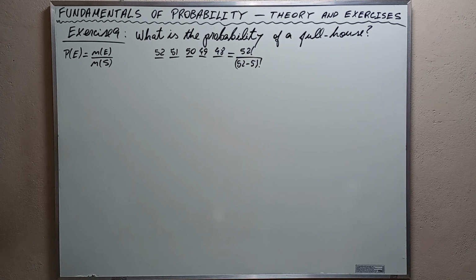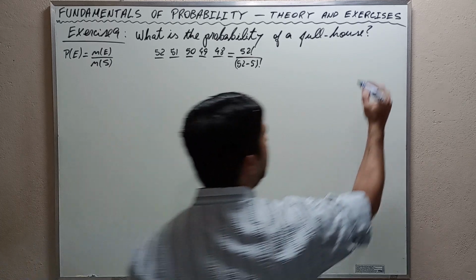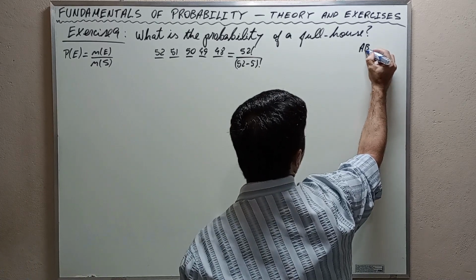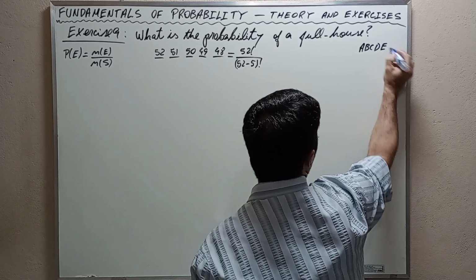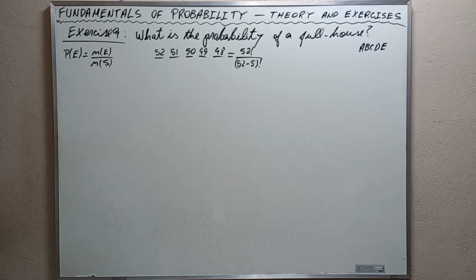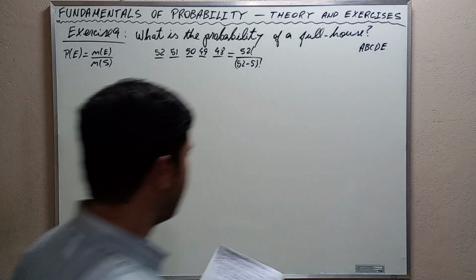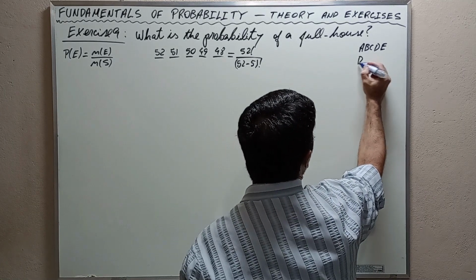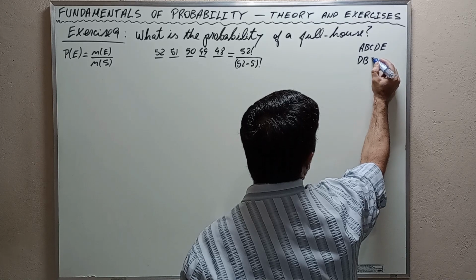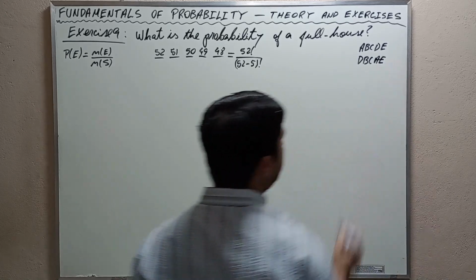We have to remove the repetitions, remembering that we must remove the repetitions since, observe that this hand here, A, B, C, D, and E, is precisely equal to, exactly this, D, B, C, A, and E.